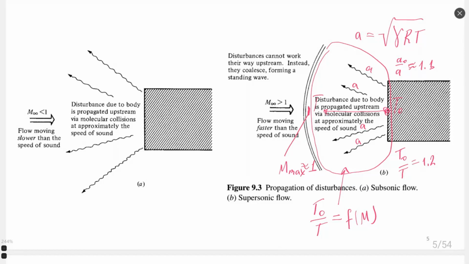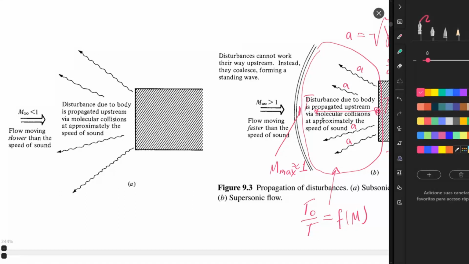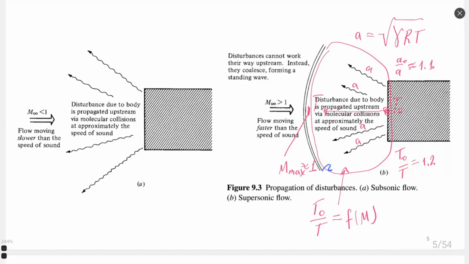So accumulated disturbances at one specific position in space create this position of the bow shock wave. So a bow shock wave, or any kind of shock wave, is an accumulated disturbance of pressure waves.